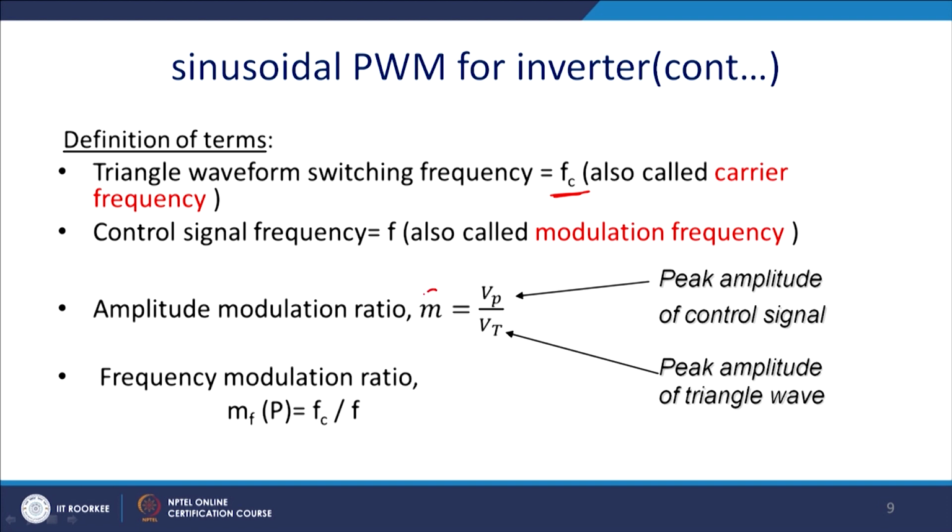Similarly, there is frequency modulation, MF, given by the ratio Fc by F, where Fc is the carrier or triangular wave frequency and F is the control signal's frequency.